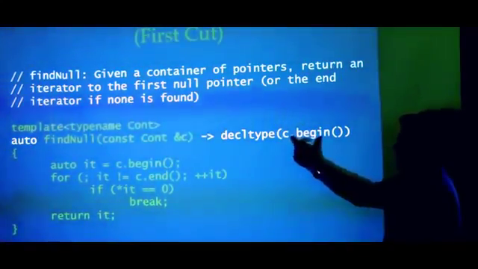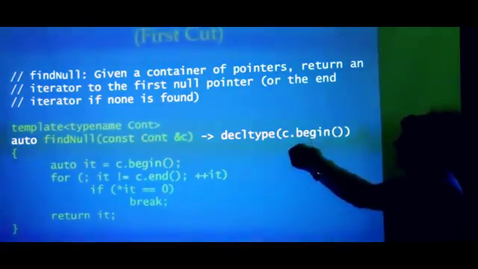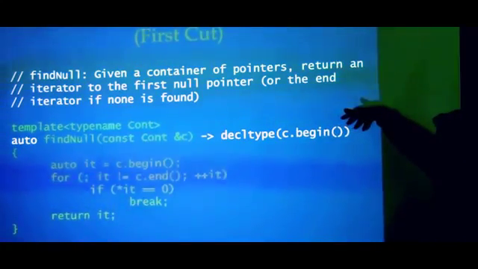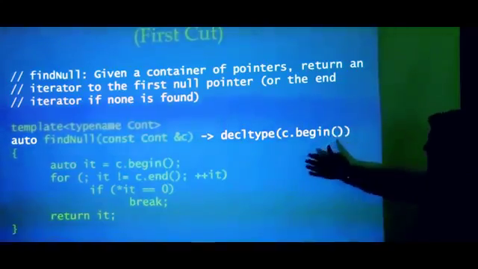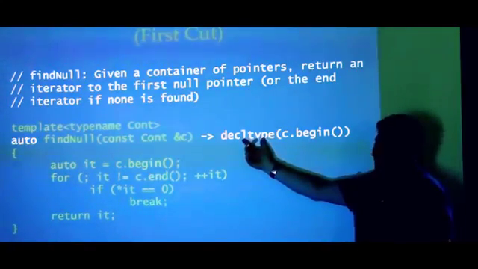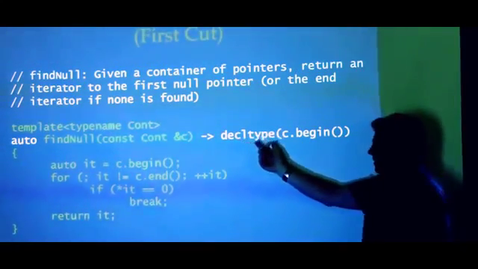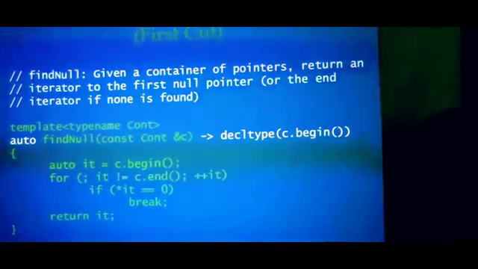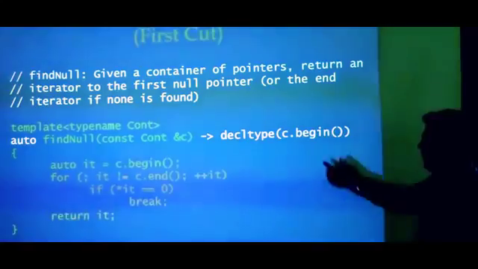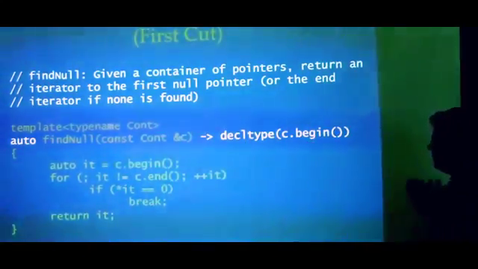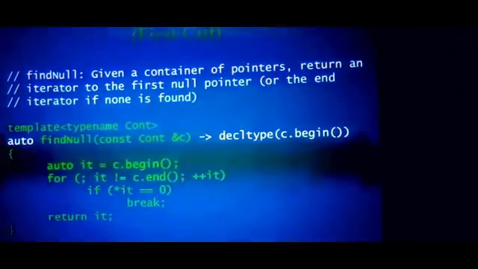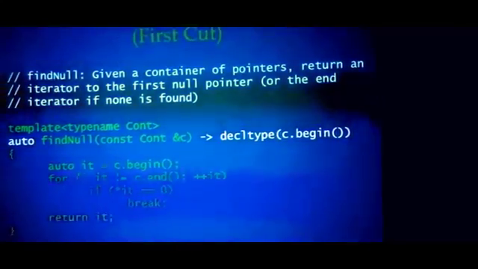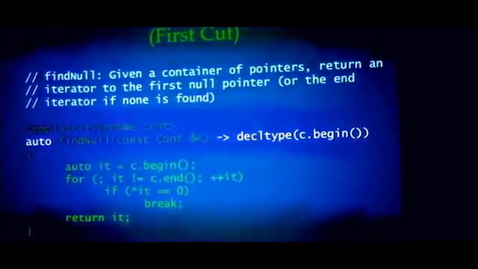Again, we don't have to worry about this having the overhead of calling the function because this is just determining type. Think of it as analogous to sizeof. It's actually analogous in a lot of ways, where it's all a compile time operation. There's no runtime cost to that. So whatever cbegin returns, that's what find null returns. And so far we haven't changed anything else. So that's just applying the trailing return type.